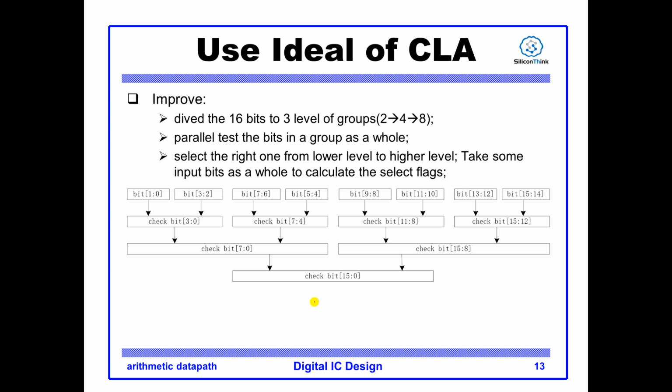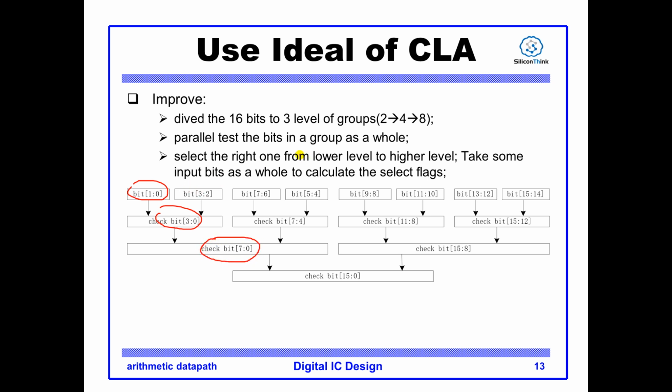This is my answer to this question. We can divide the 16-bit input into groups: a group of 2 bits, a group of 4 bits, a group of 8 bits.